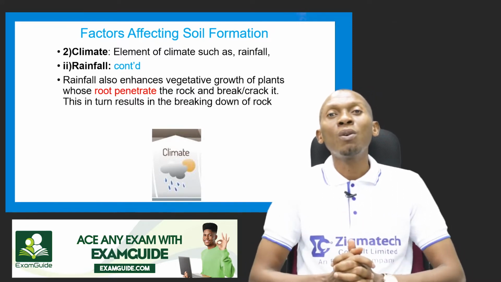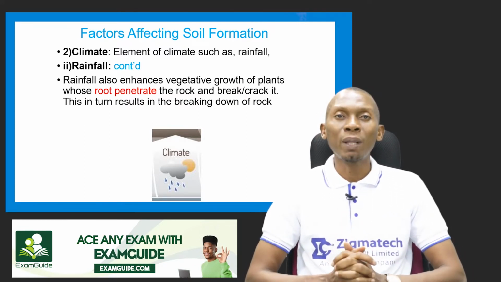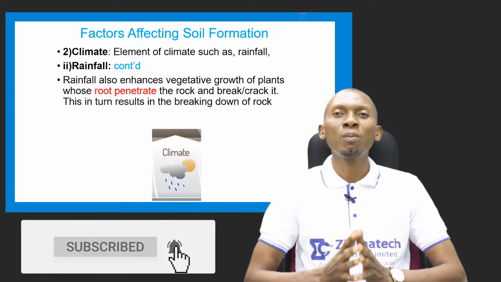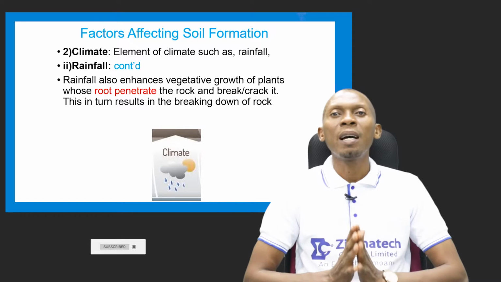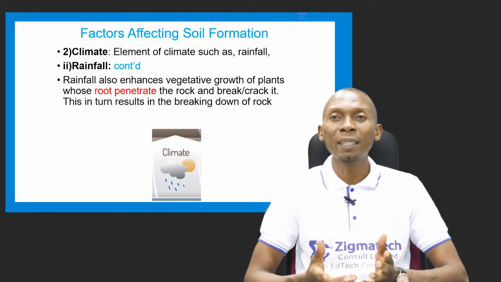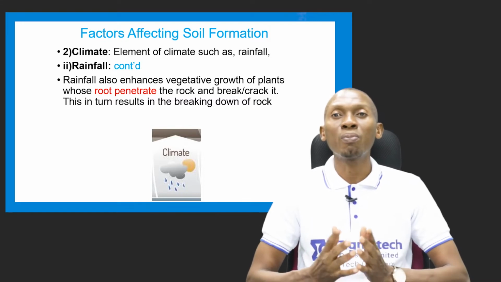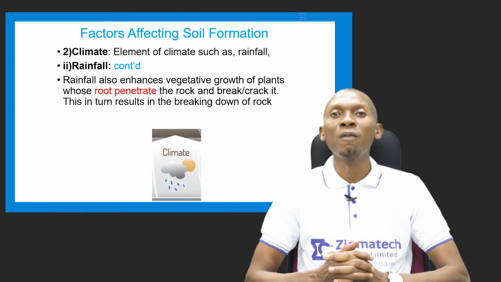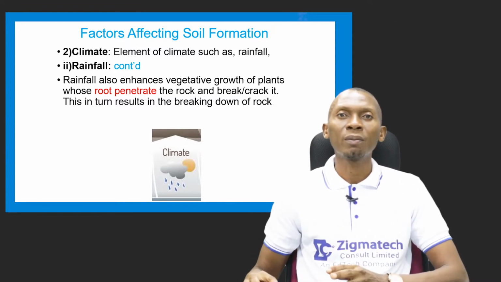Rainfall can also enhance vegetative growth of our plants, and as these plants grow, their roots are able to penetrate rocks, and once they penetrate the rocks, it can cause the rocks to crack or break, and as a result of that breakage, the rocks will eventually break down to form soil.